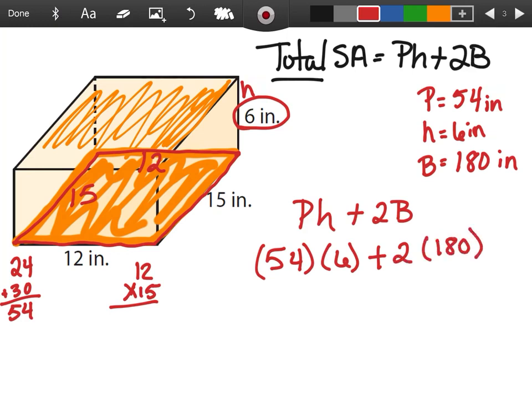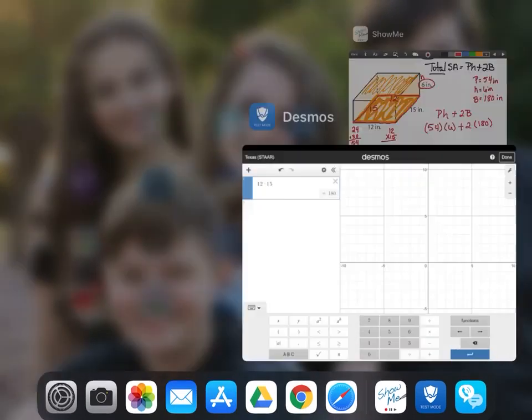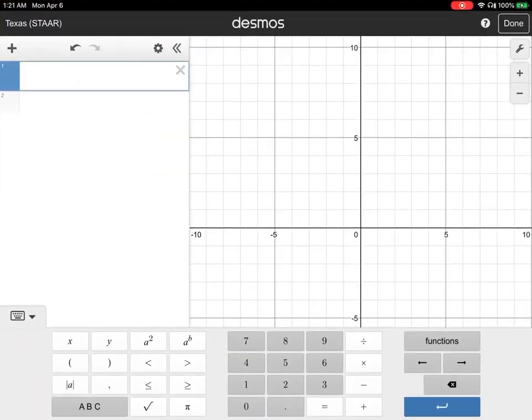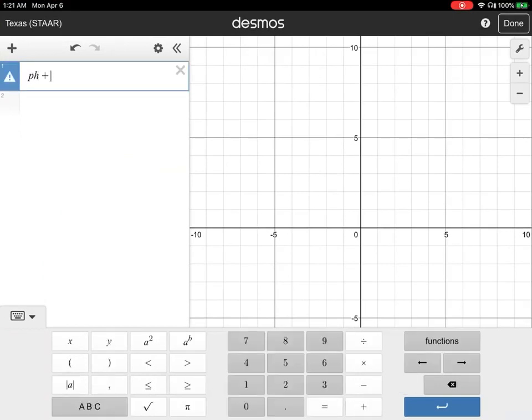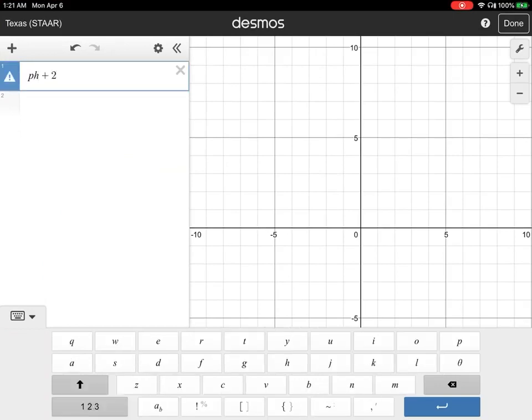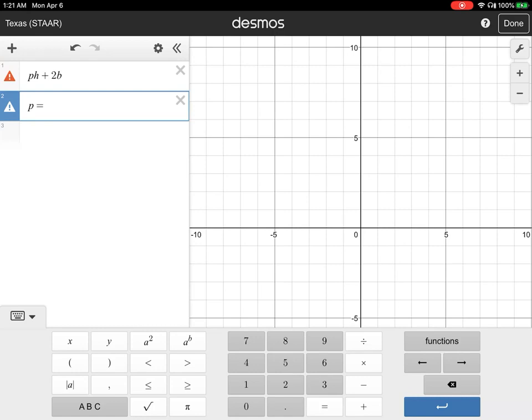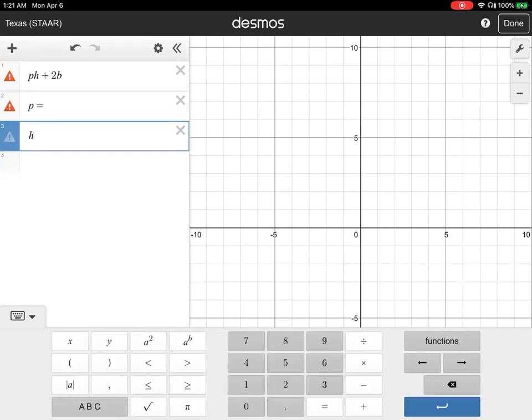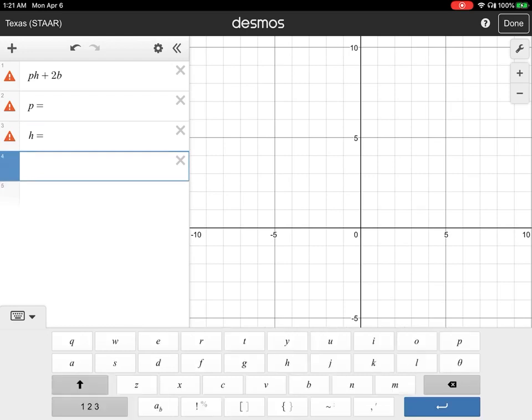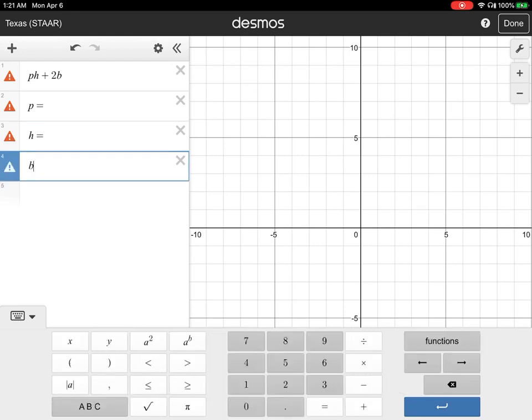Again, I can use Desmos. The cool thing with Desmos is I can even put in my formula. My formula is Ph plus 2B. Then I can say P is equal to something, H is equal to something, and B is equal to something.